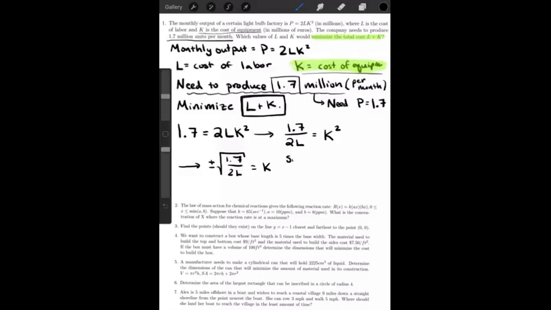So since K is the cost of equipment, we're just going to go with that positive one, because that cost of equipment is never going to be a negative number. That just doesn't really make sense. Right? So, this here gives us our constraint.